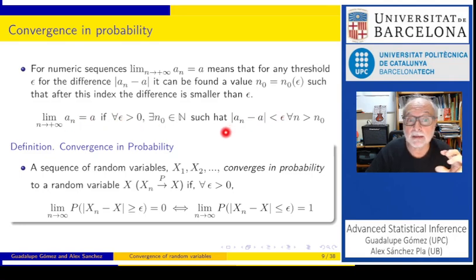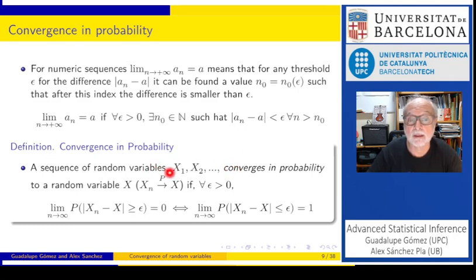Convergence in probability somehow relates to this idea, but it's less restrictive because we don't require that after a certain value n, for a given threshold epsilon, the difference is smaller, but that the probability that it is above epsilon tends to 0.